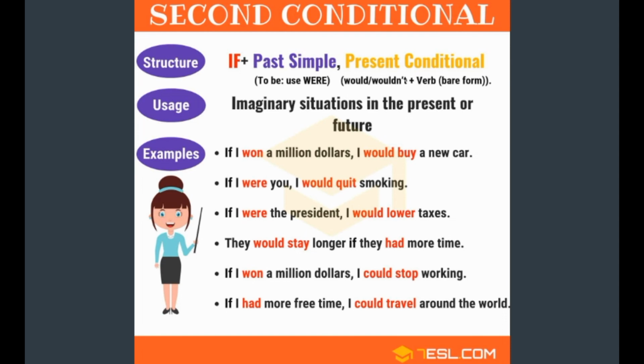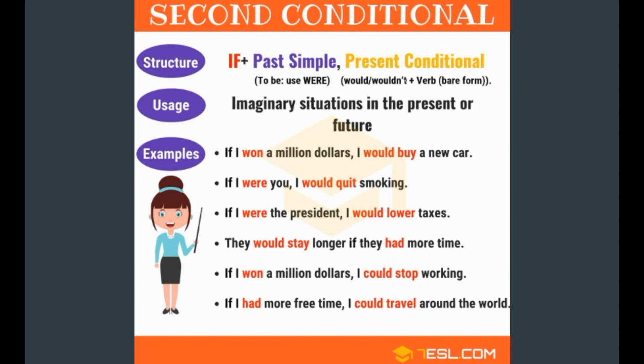If I won $1,000,000, you see? If plus the verb in the past, won is the past tense of win, and in the main sentence I use the conditional using would plus the infinitive, would buy, right? Another example, if I were you, I would quit smoking. Another, if I were the president, I would lower taxes. You see?